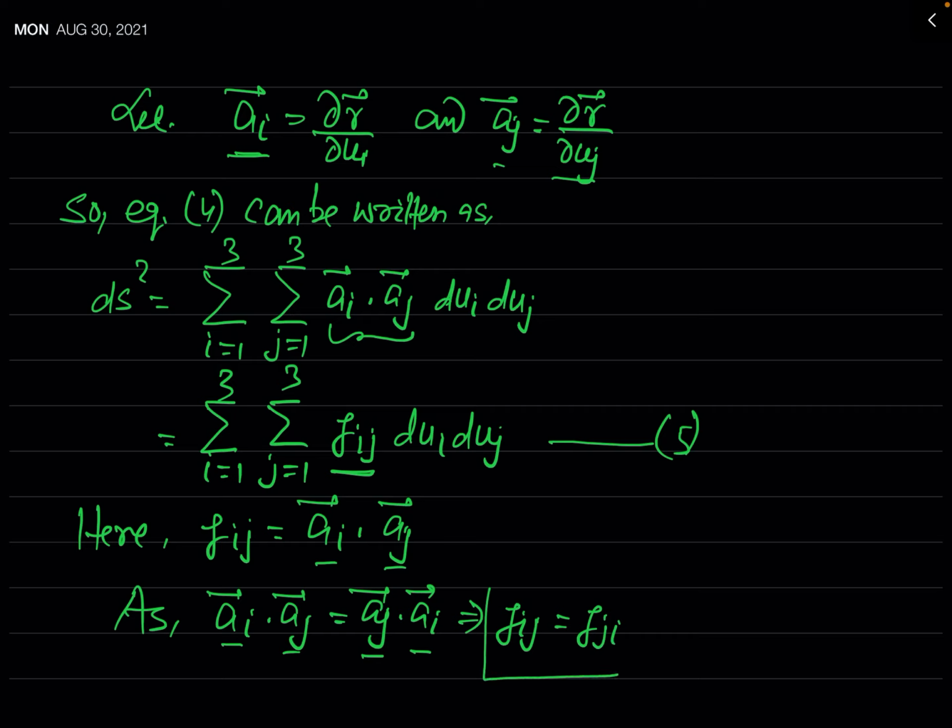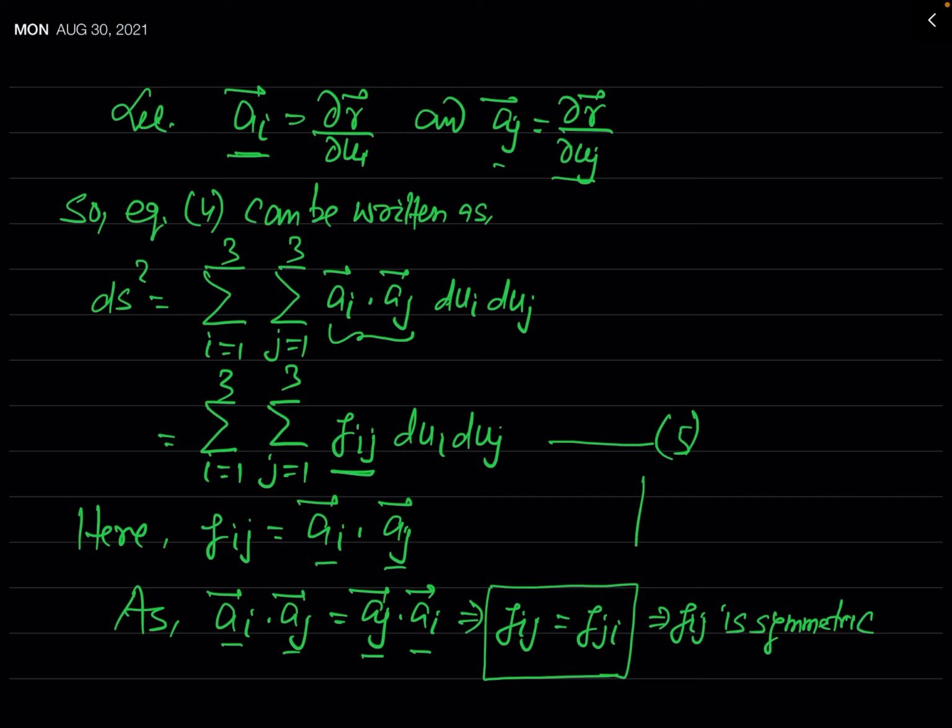So a very important property of this quantity gij is that gij is equal to gji, which means gij is symmetric, because after the interchange of the indices i and j, the quantity does not change.